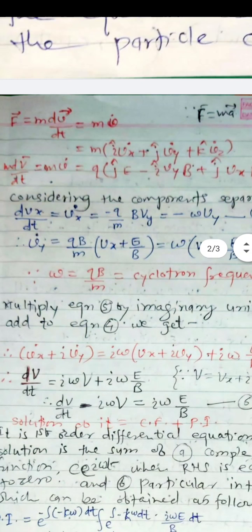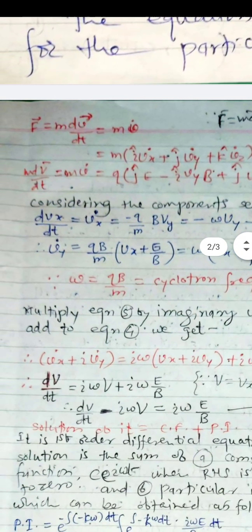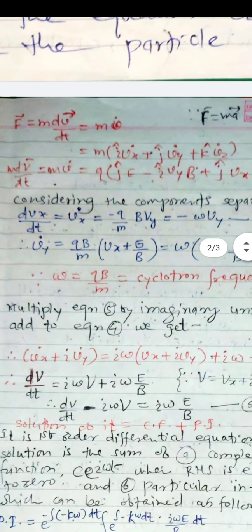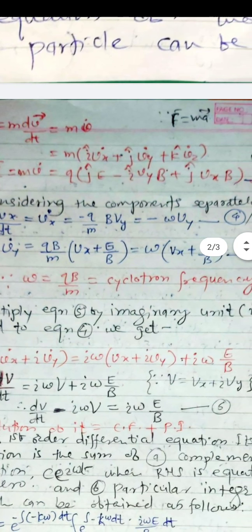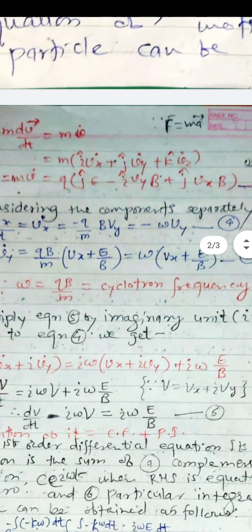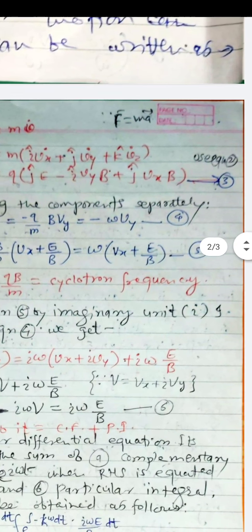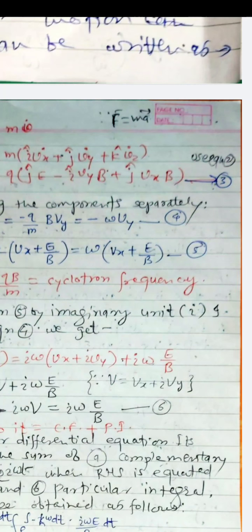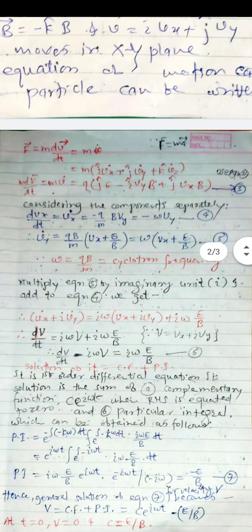By putting the values from equation number 2, it takes the form m dv by dt equal to m v dot equal to q times (j cap E minus i cap Vy B plus j cap Vx B), our equation number 3. Now let us move further.